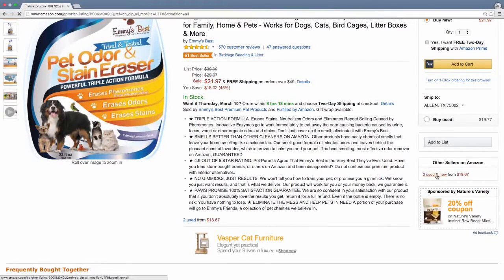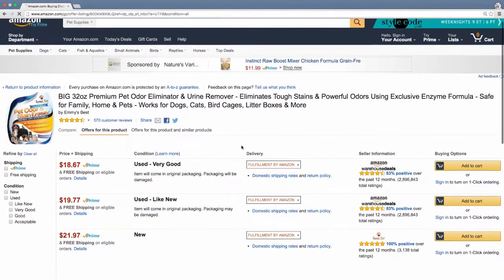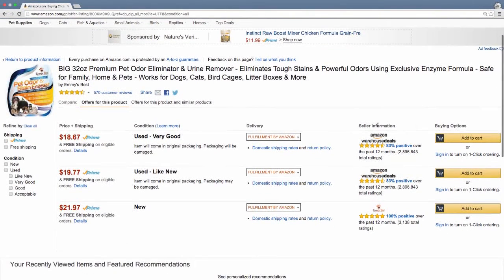If you click on either of those, it'll take you to this page, which lists all the different sellers selling your product. So in this case, the other two sellers are Amazon warehouse deals, which really I don't consider to be a hijacker. They could have gotten that from damaged product that they have already paid me for, or inventory that I forgot to remove.